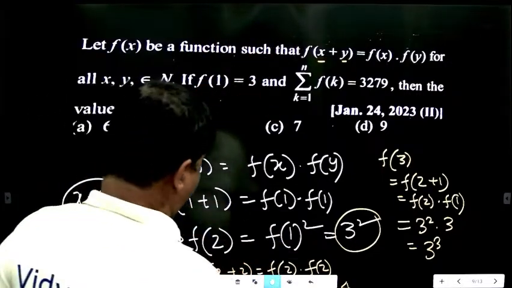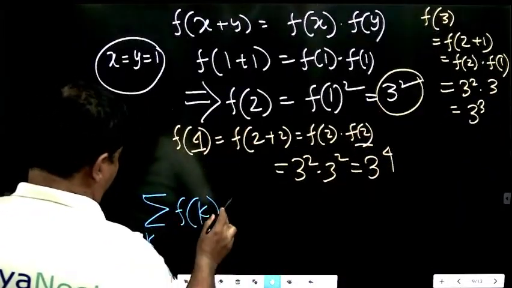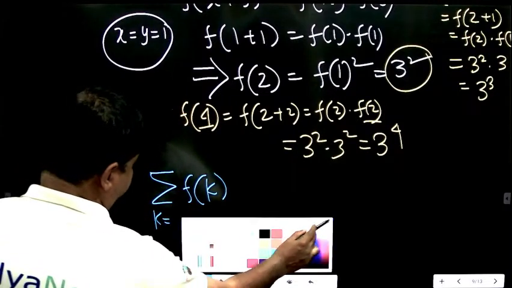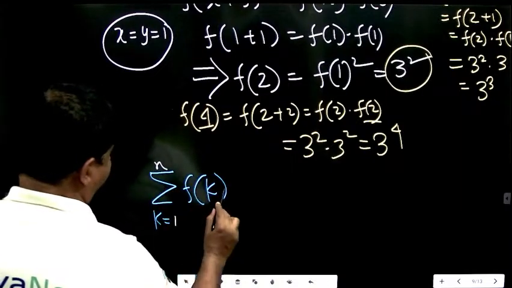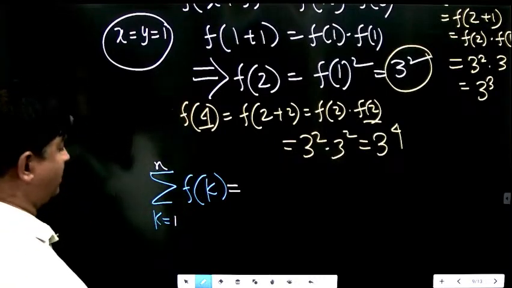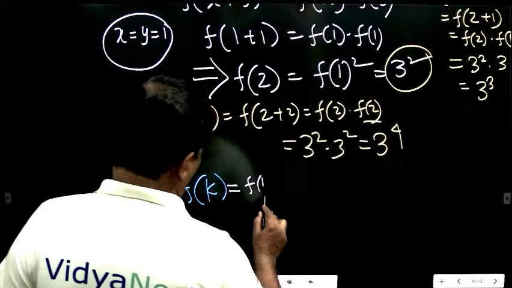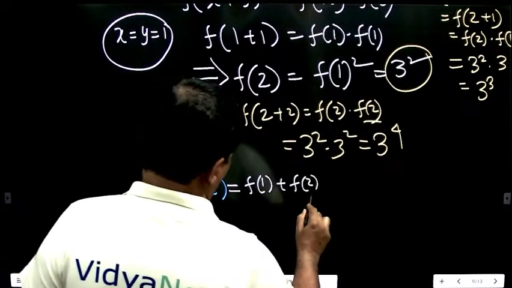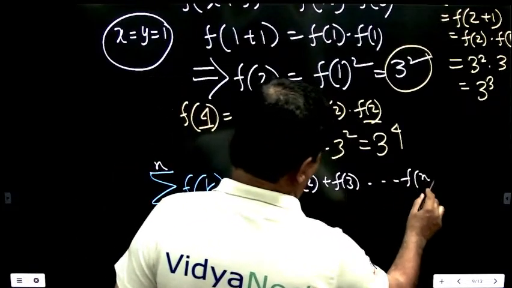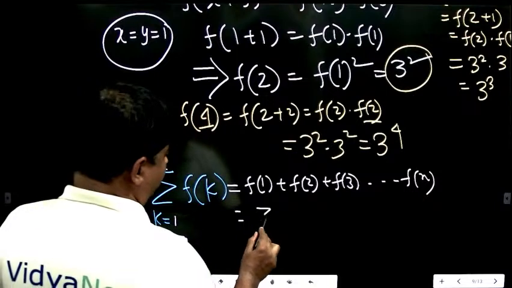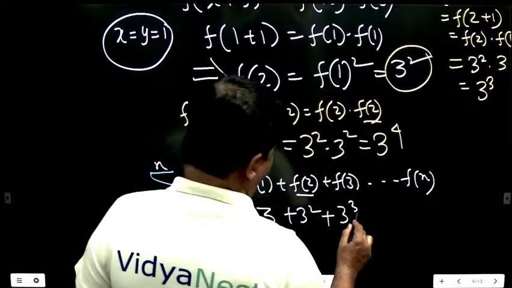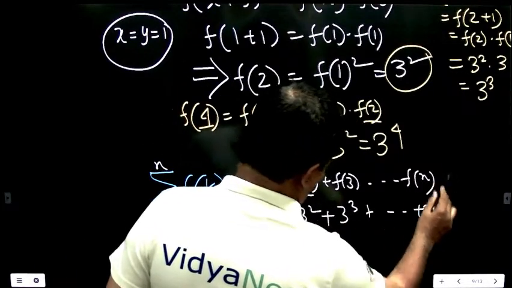If you stretch, k starts from 1, ends with n. Just remove this summation sign. Start with 1, then 2, then 3, ends with n. What is F1? Given in the question, 3. F2, 3 square. F3, 3 cube. 3 to the power n.